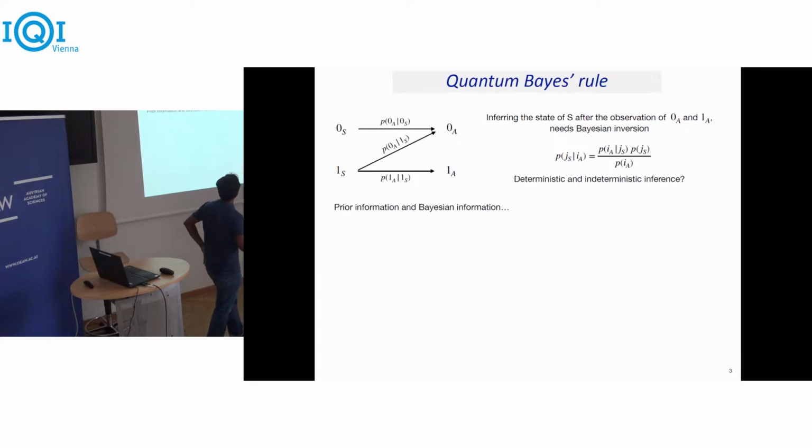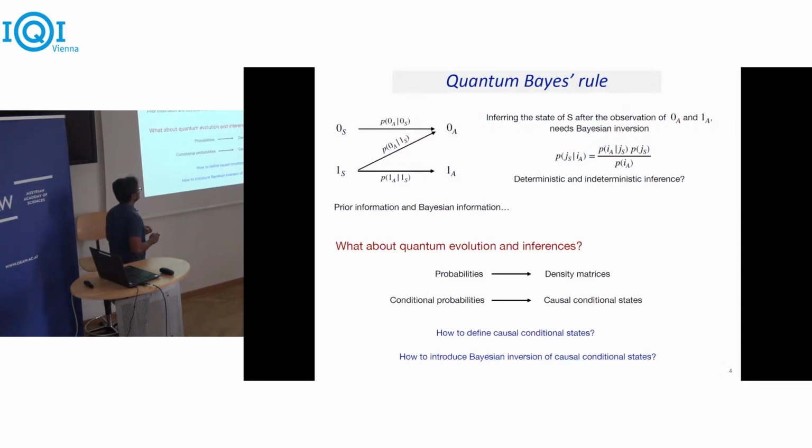And the moment I find this probability to be 1, it says that if I see iA, I can deterministically infer that it must have come from this jS. So this is how you actually talk about this inference in the deterministic sense, obviously in the classical domain.